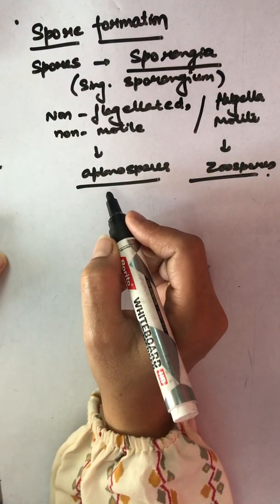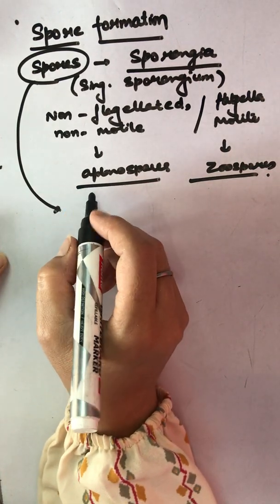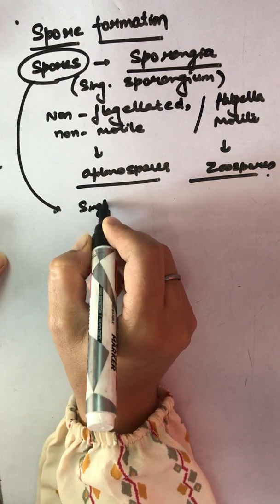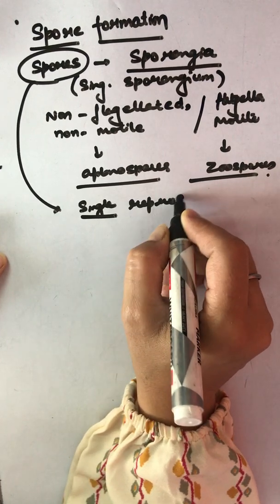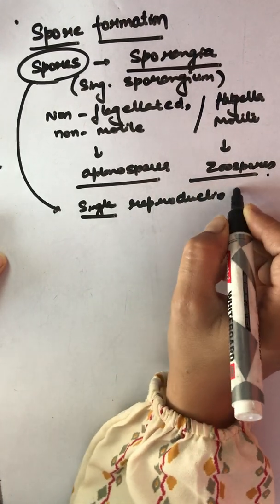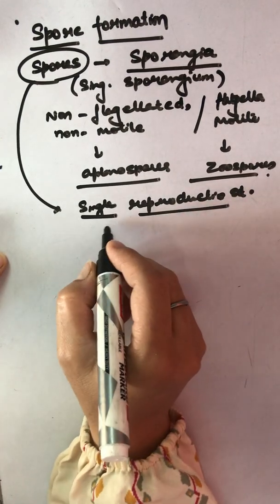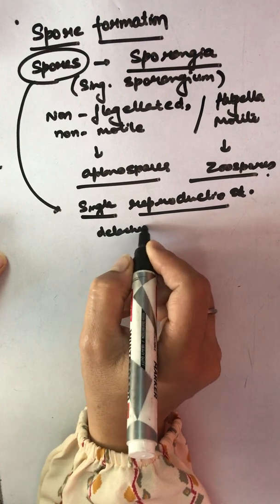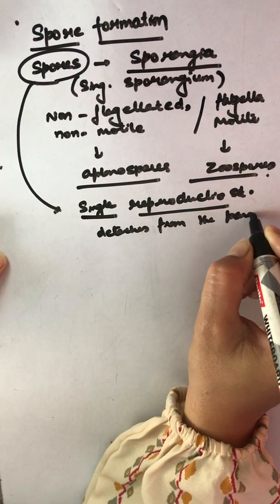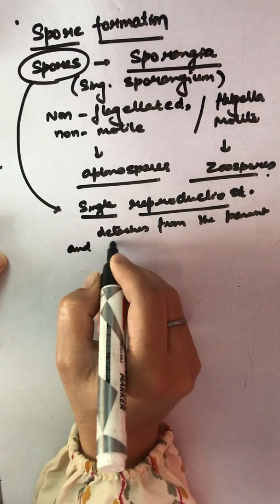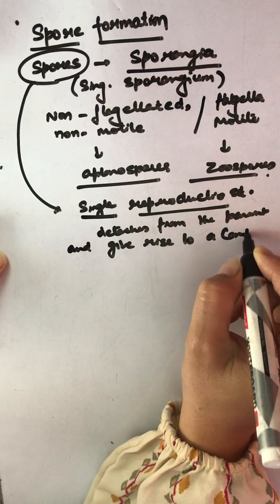Clear? So basically, what is a spore? It's a single reproductive structure that detaches from the parent and gives rise to a complete individual.